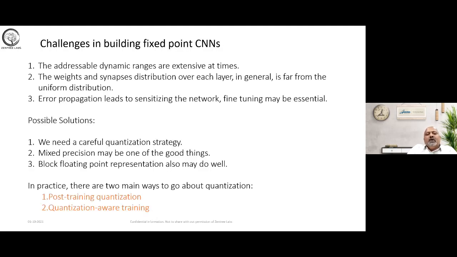So now these are the challenges in building fixed point CNNs. This approach looks simple for us, but what is the problem with neural networks? The problem is these neural networks are too cumbersome, actually too big. If I take one layer, there are thousands of coefficients, thousands of excitations coming as input, and the output fans out to different layers.